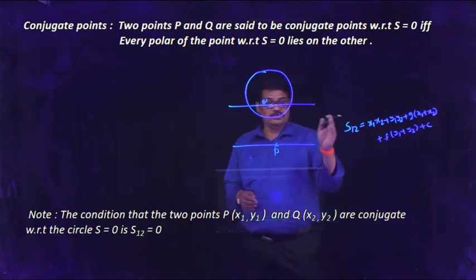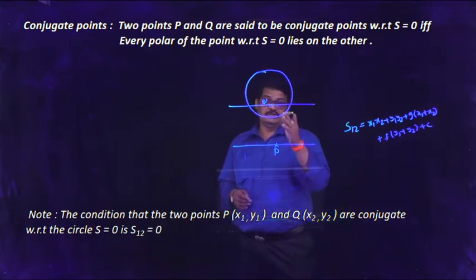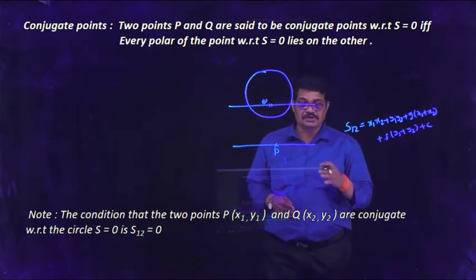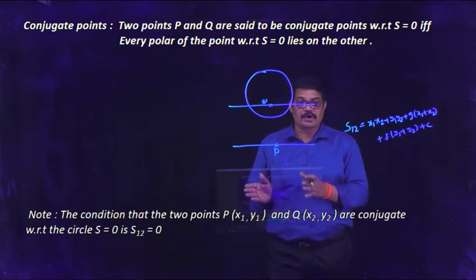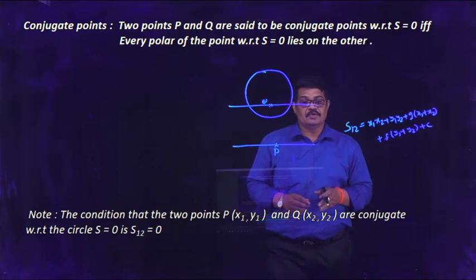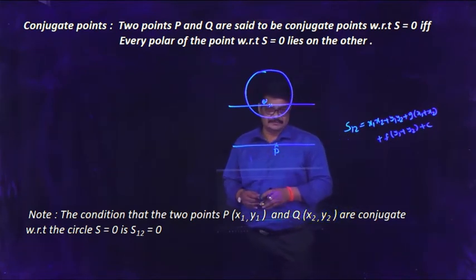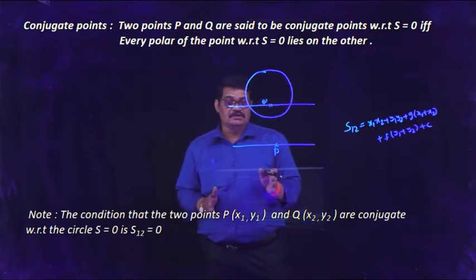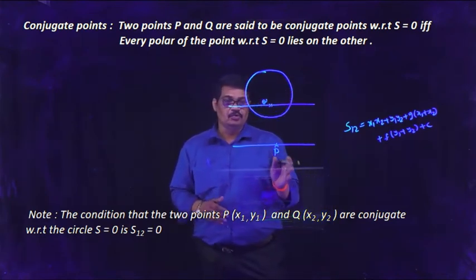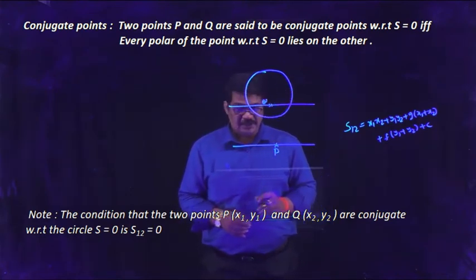So if S12 is equal to 0, then the given two points are conjugate to each other. This is the condition for any two points to be conjugate points with respect to the circle. Okay, this is the definition and the condition for the conjugate of two points with respect to the circle.